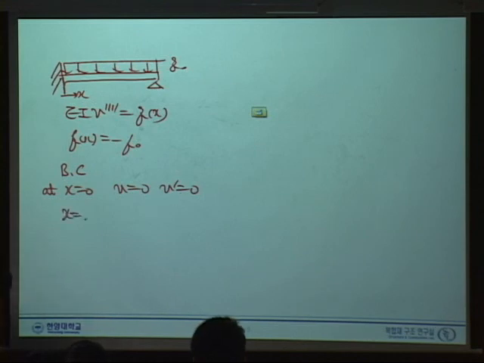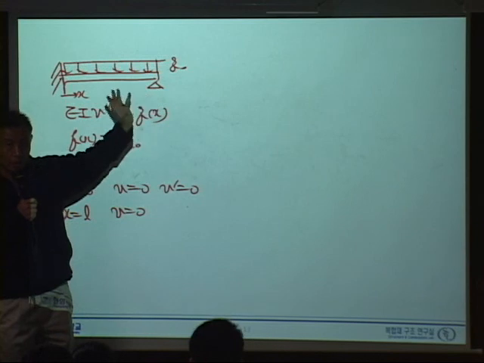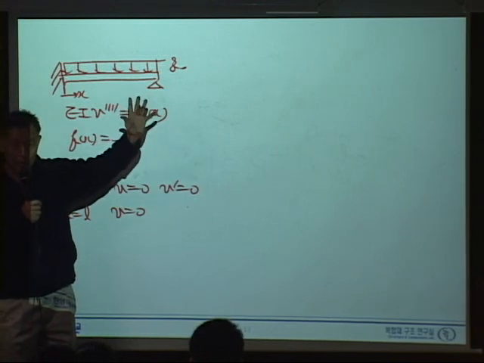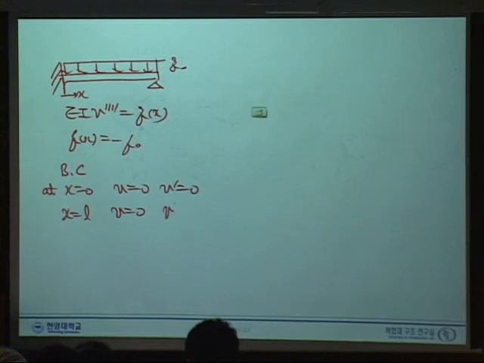And at x equals L, what kind of boundary condition do we have? Yes, V equals 0, and at the simple support, what is the condition for the simple support? Right, moment equals 0. Moment means what in terms of v? V double prime equals 0.